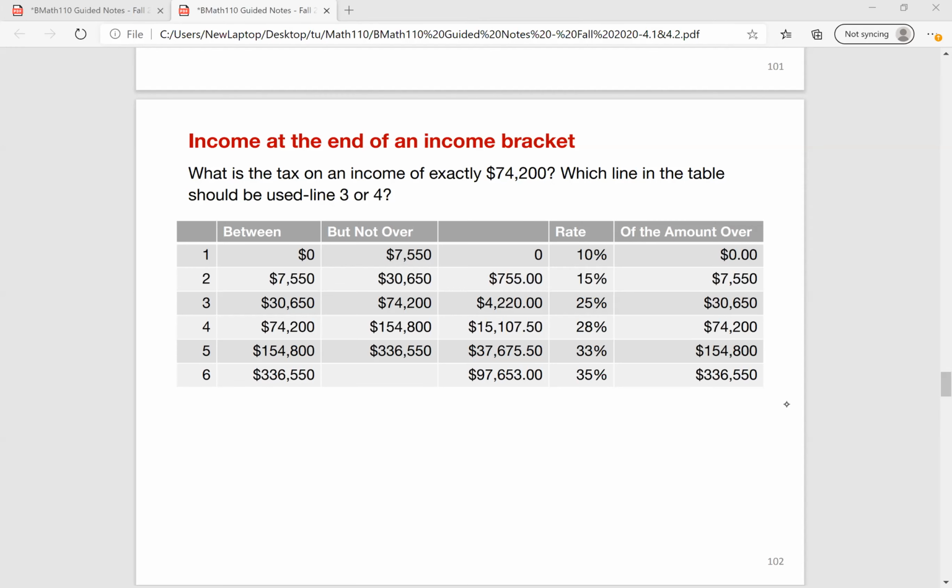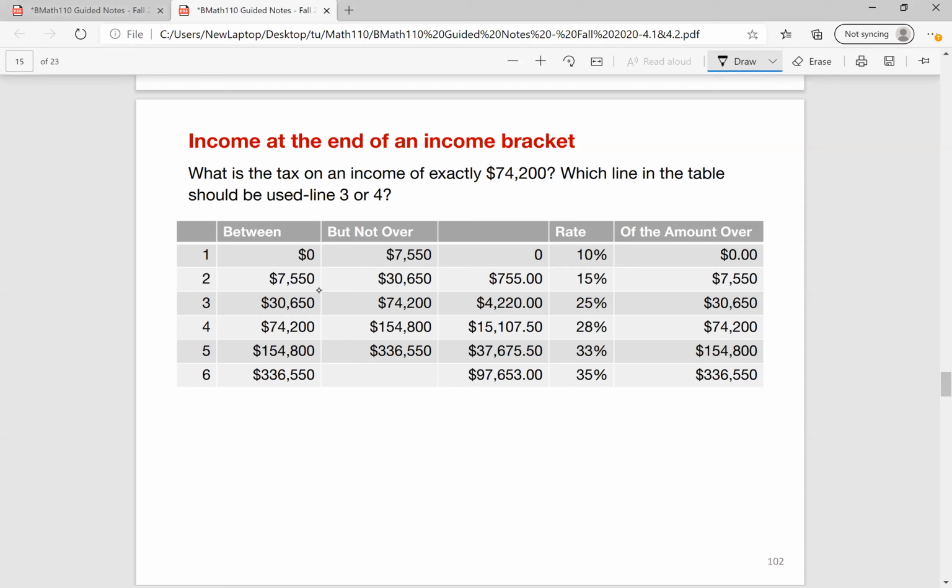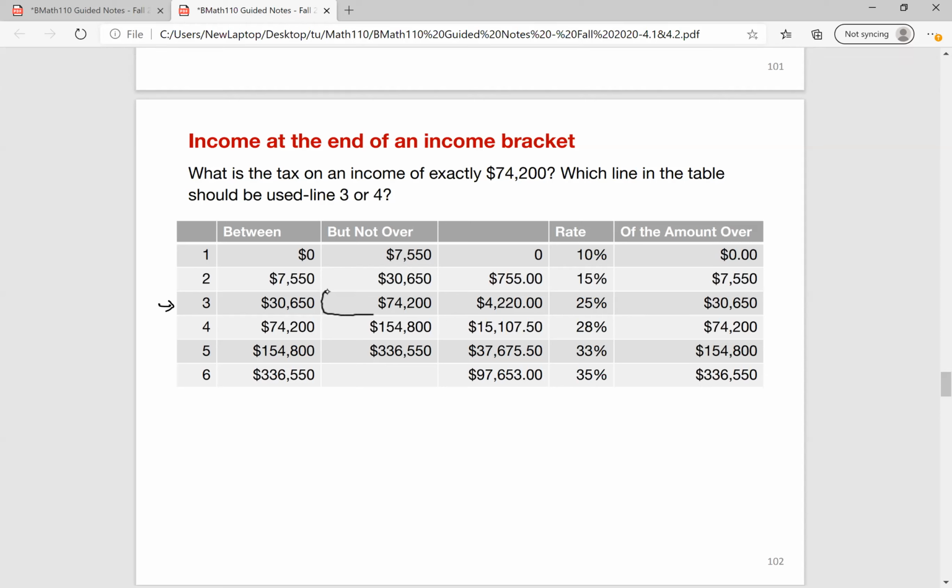So here you can notice that for line 3, 74,200 is the highest amount of this level.